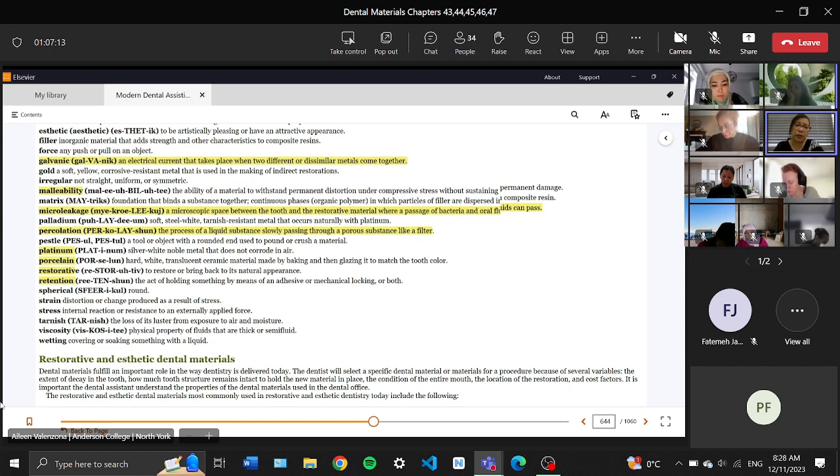Spherical means round. Strain is distortion or change produced as a result of stress. Stress, internal reaction or resistance to an externally applied force. Tarnish, the loss of luster from exposure to air and moisture. Viscosity, a physical property of fluids that are thick or semi-fluid. So viscosity is more of a sticky type.